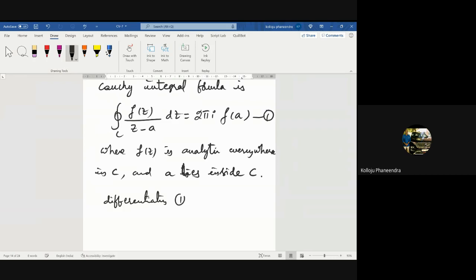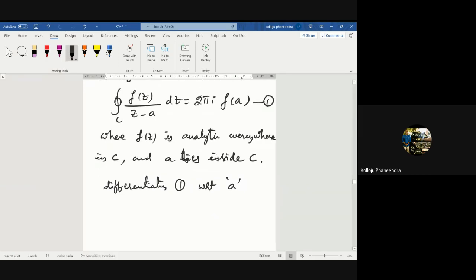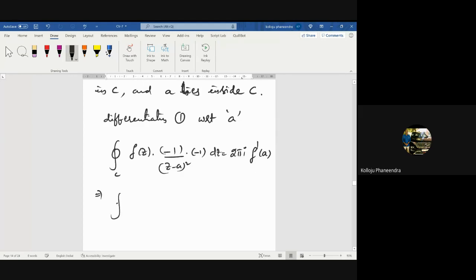Now, I need derivatives, right? Differentiating 1 with respect to A, F of Z is taken as constant. The derivative of 1 by Z minus A is 1 by Z minus A whole square, and this equals 2 pi I into F dash A. So integral over C, F of Z by Z minus A whole square dz.